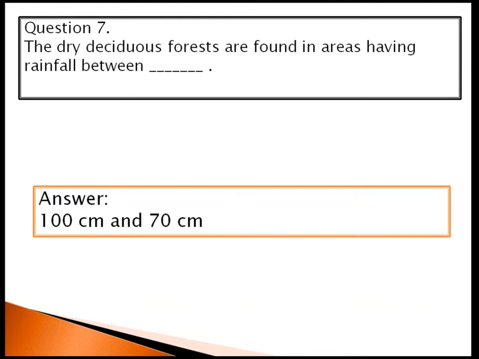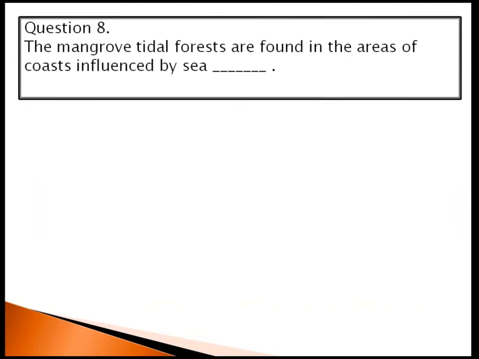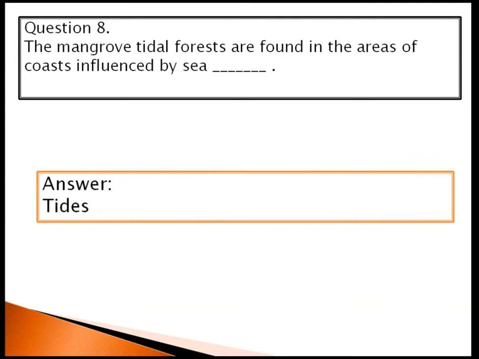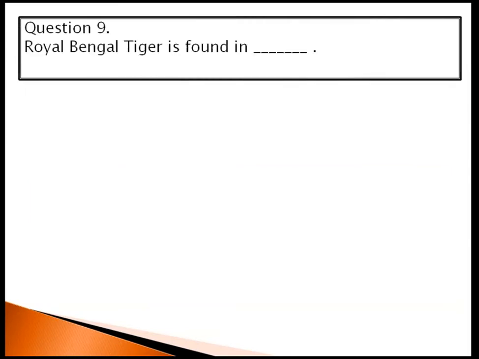Moving toward the next question. Question number 8. The mangrove forests, that means the tidal forests, are found in coastal areas influenced by the sea. So the reason is tides. Question number 9.